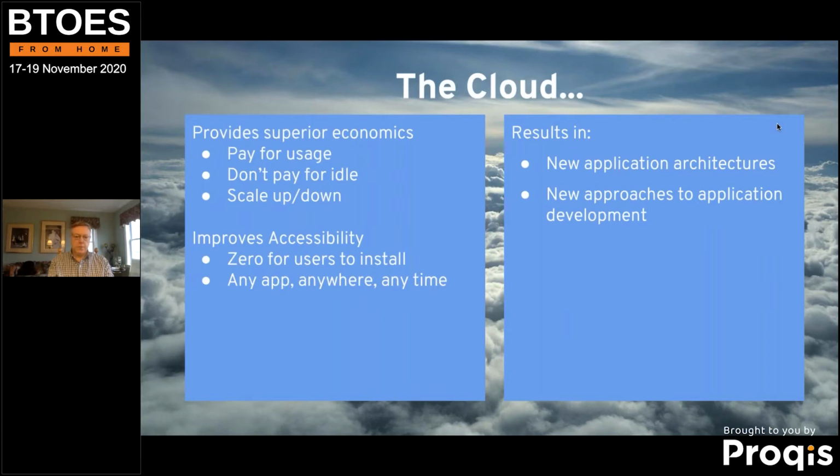And also, as a result, it encourages new approaches to application development. There are new ways of creating these applications that involve different types of technology that are really necessary if you're going to take full advantage of what the cloud has to offer. And so these two things combined have an impact on BPM and on BPM technology.